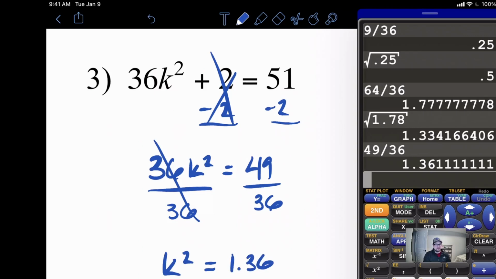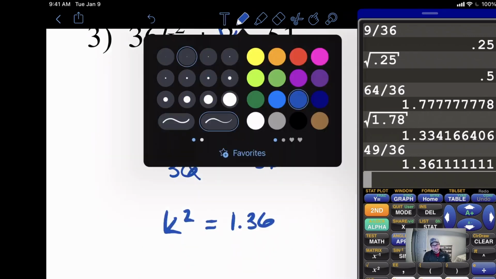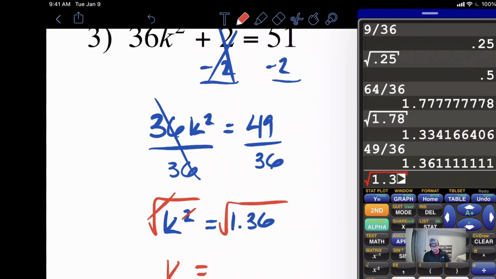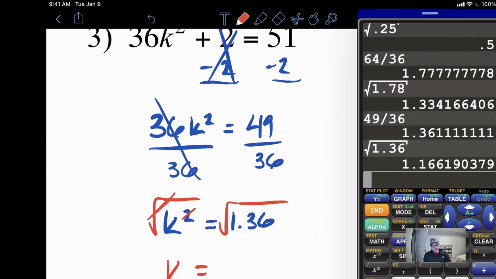To wrap this problem up, we just need to get k by itself, which means taking the square root of both sides. Those two, of course, cancel out, and we're going to be left with k equals the square root of 1.36, which is 1.166. 6 is bigger than 5, so it's going to round the second one to a 7.